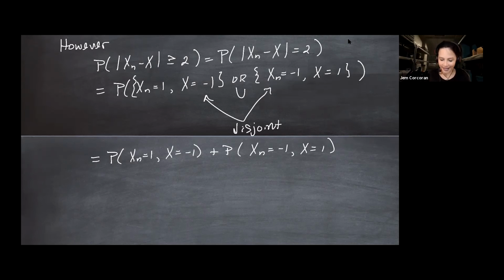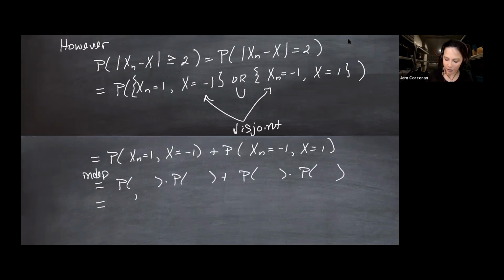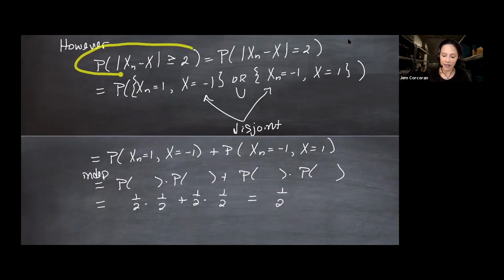Okay, so to finish this off, these guys are independent, so you get probability times probability plus probability times probability. So that's by independence. And then all of these probabilities are 1/2, 1/2, 1/2, 1/2. This whole thing is 1/2. And I started with the probability that the distance is greater than a particular epsilon. And that needs to be going to 0, but this is not going anywhere.